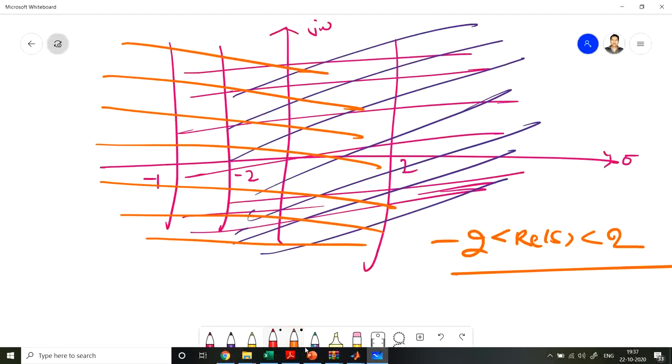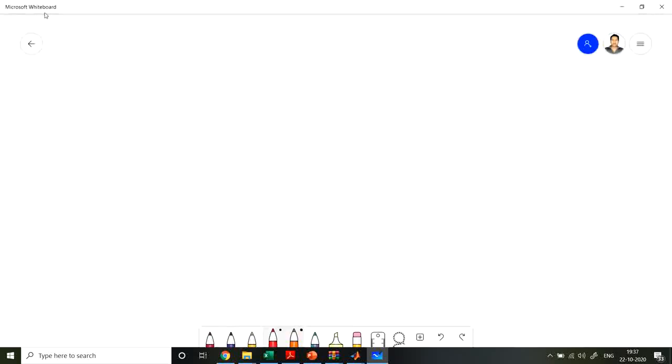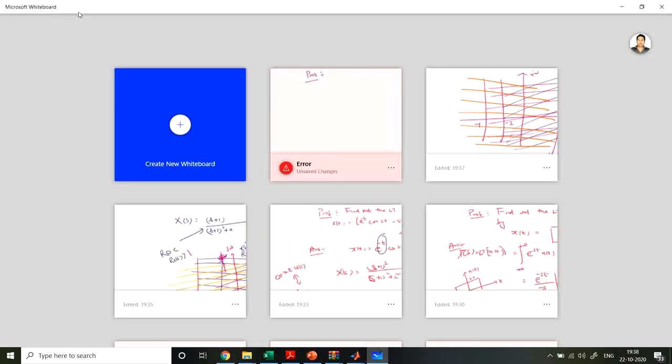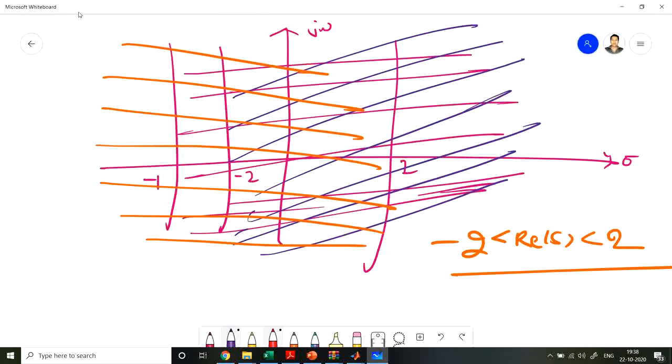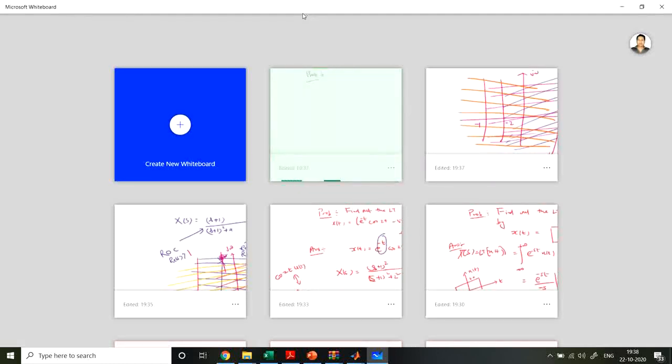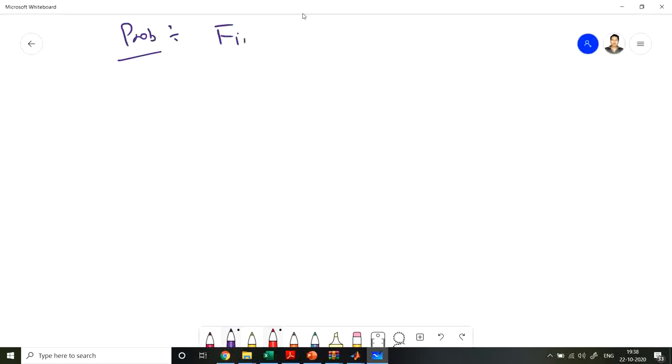Okay, so let us do another problem. So the problem is to find out the inverse Laplace transform.